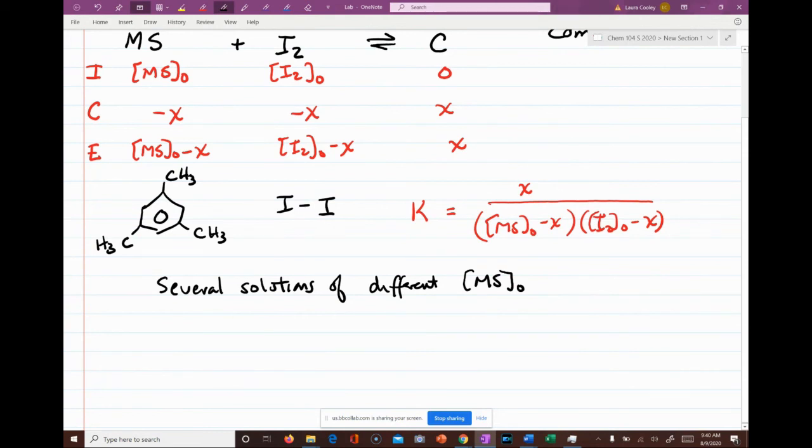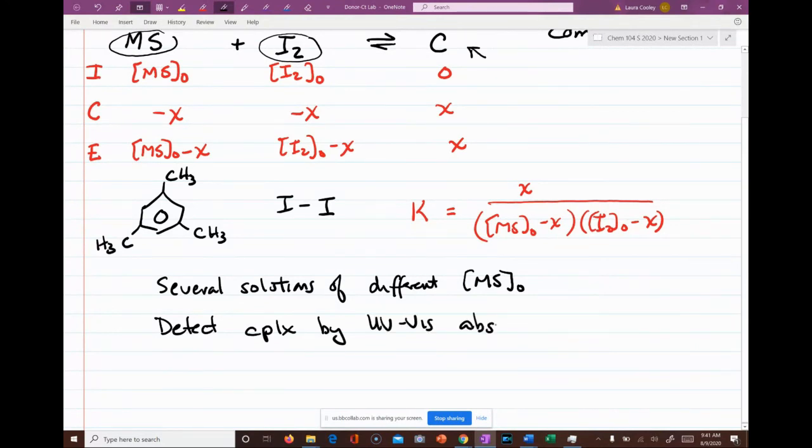And as we increase this, but leave this constant, we're going to push the equilibrium a little bit over. So we're going to be forming more and more complex. And so we'll have different concentrations of acetylene, and the way we are going to detect the complex is by UV vis absorbance.